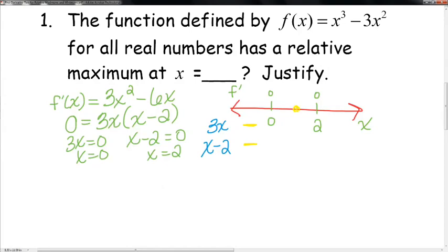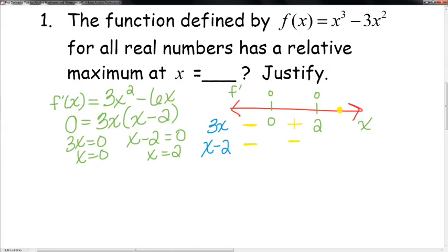Now I'm going to choose a number between 0 and 2. So I would say 1. So 3 times 1 is 3. That's a positive number. And then I'm going to choose 1 again. So 1 minus 2 is negative 1. That's a negative number. Finally, I'm going to choose a number bigger than 2, let's say 3.